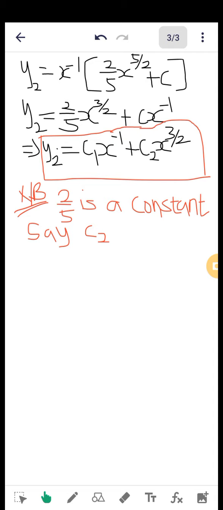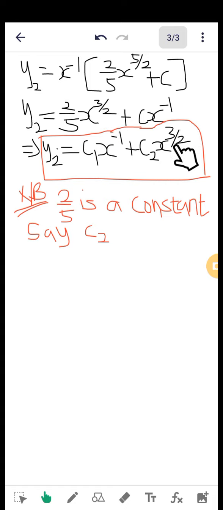And you know that my particular solution was given, which was the y1. It was x exponent minus 1 from the question. So this part will take the one with the constant c1, which is c1 x exponent minus 1. Then the other side will take the one with the constant c2. Okay, so you know that 2 over 5 is a constant, so you can represent 2 over 5 as c2, x exponent 3 over 2.